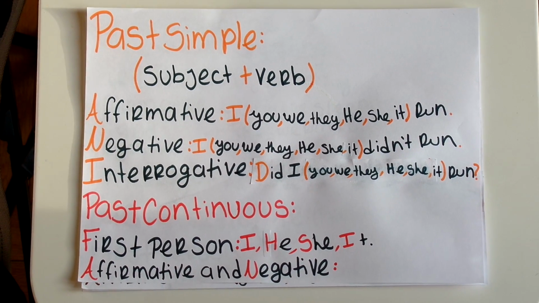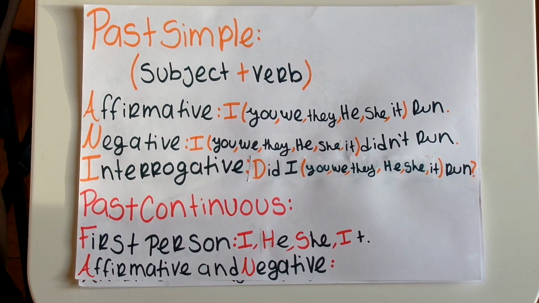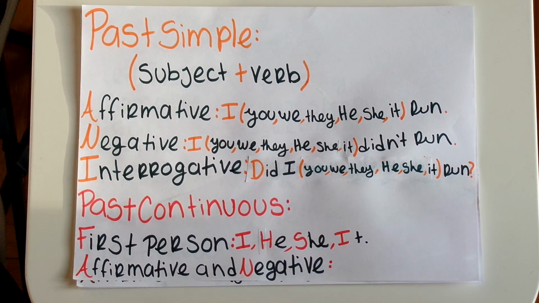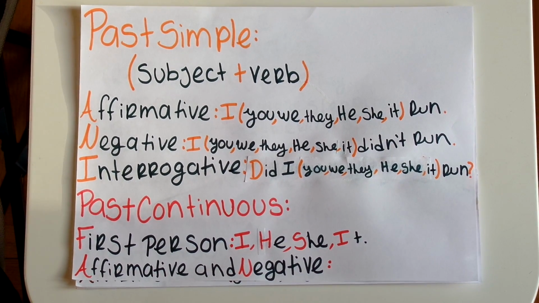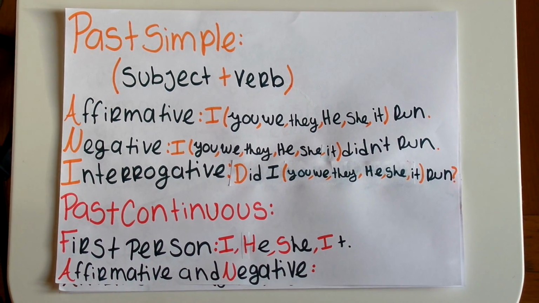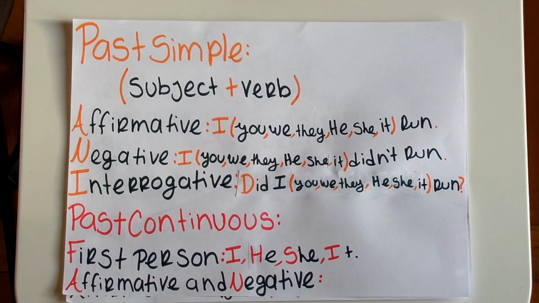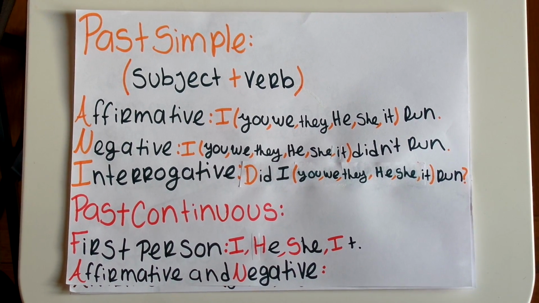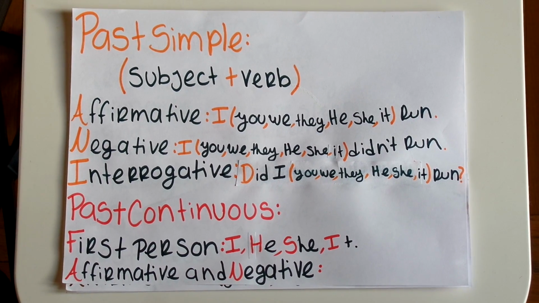I made a sentence of I run. The negative again will be I, you, we, they, she, it didn't run. An interrogative way is did I, you, we, they, he, she, it run.